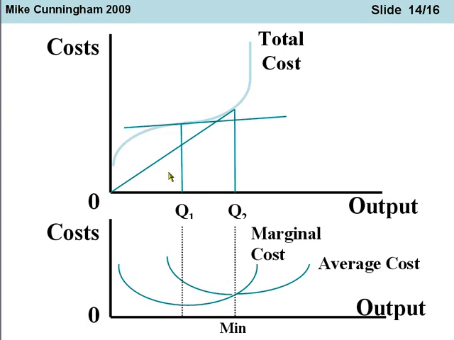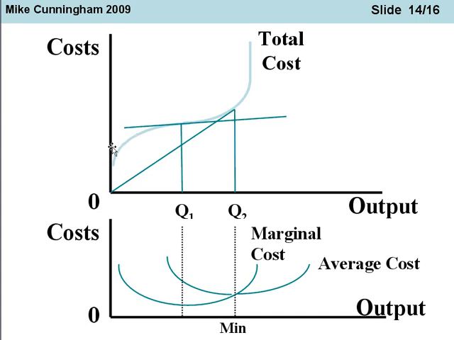But if you look again at this average curve we've drawn, it's also a marginal. Our definition of a marginal is the slope of the line tangential to the total cost curve. This one's tangential. It's tangential as well.